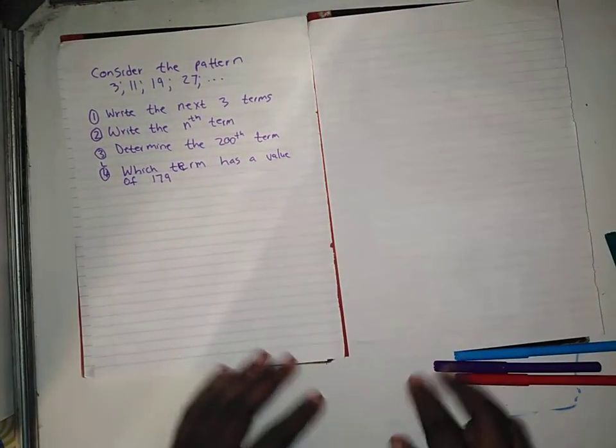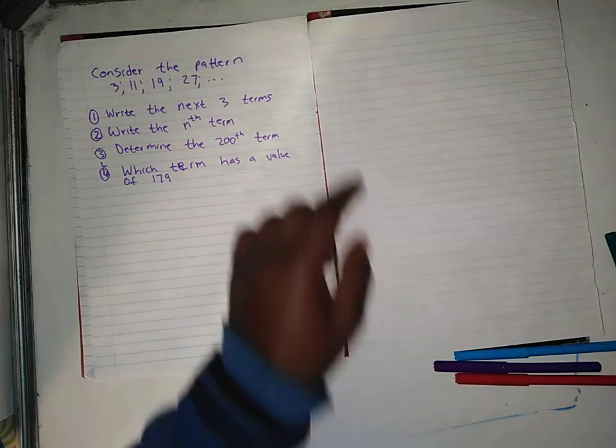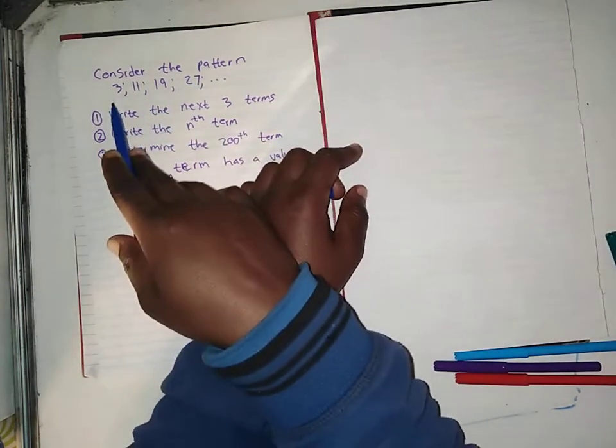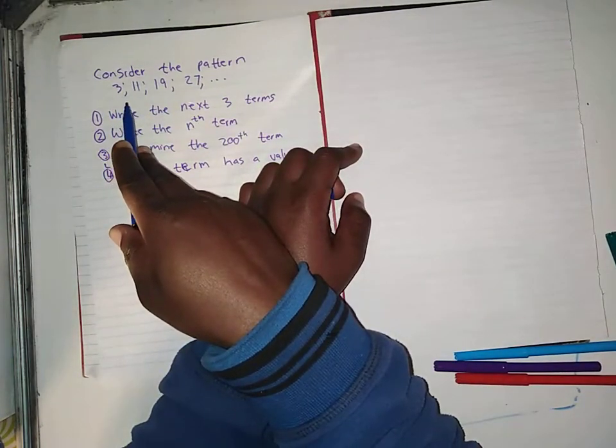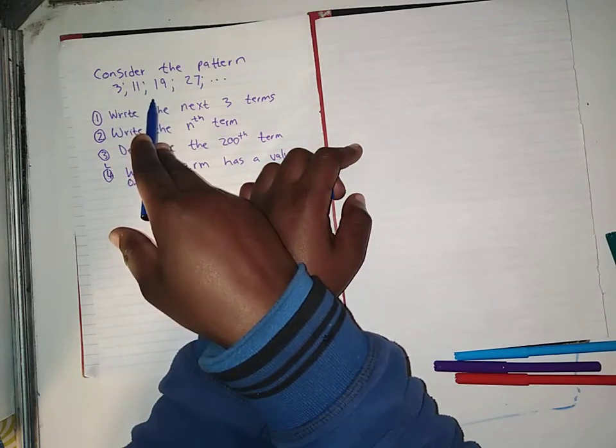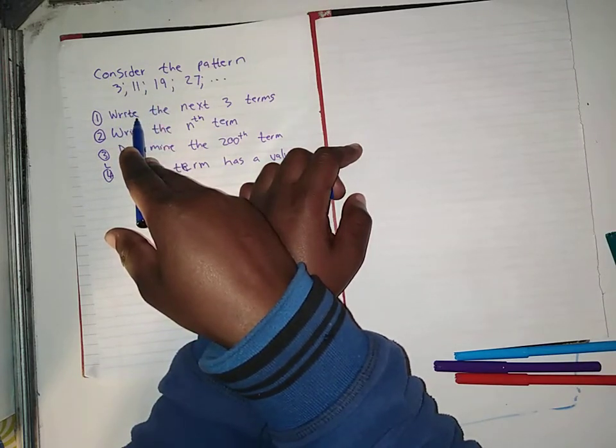How do you find the next term of this sequence? We look at this pattern. It's 3 and then 11.